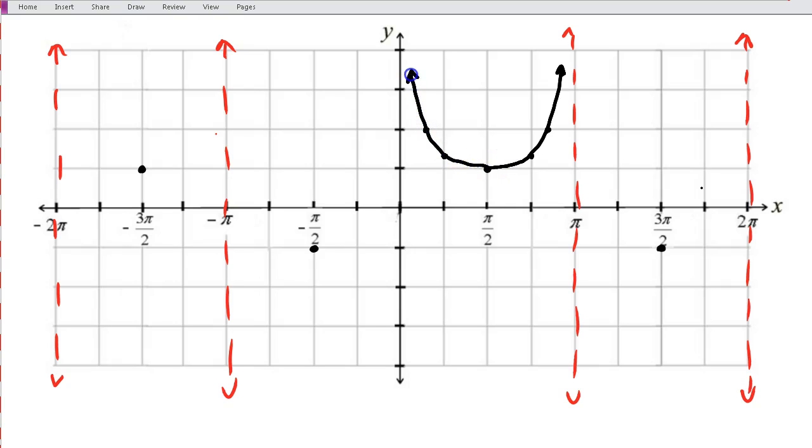So this is actually half a period of the cosecant. And then same thing over here, just estimating some other points in between. Normally we won't do this, but we'll do it for these examples. It's going to look something like this.